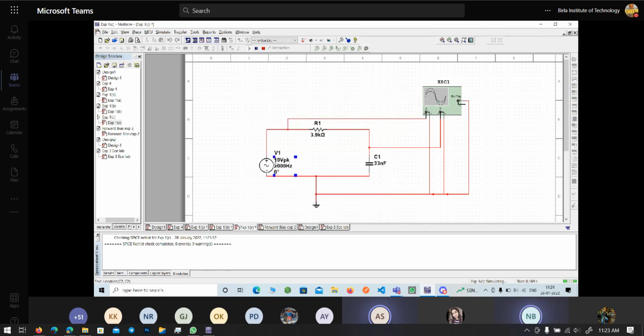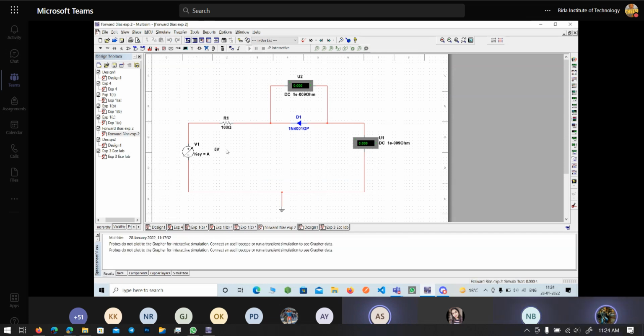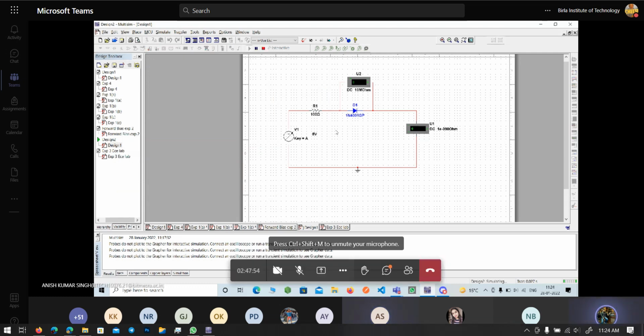You already know how to change the frequency, the voltage division scale and the time division scale. So this is the forward bias one. This is reverse bias, and I'm varying the voltage. And this is the forward bias one.